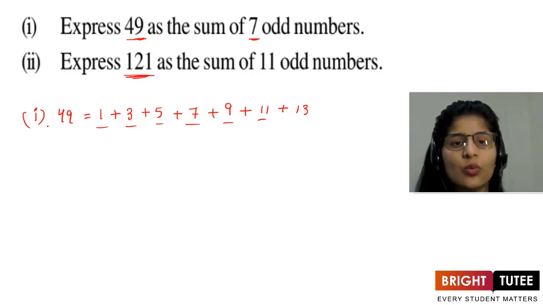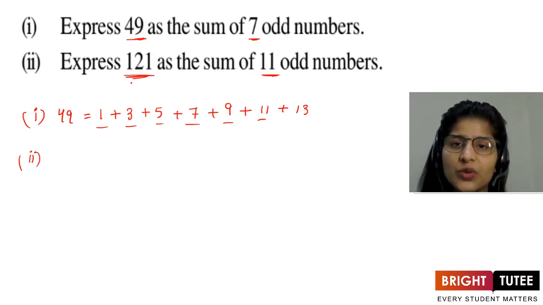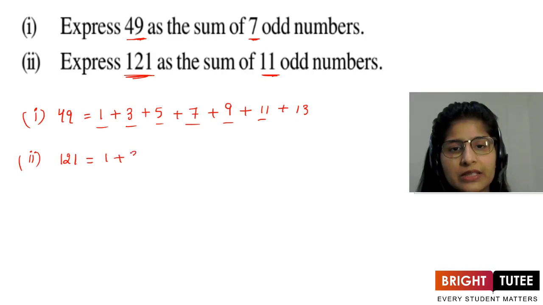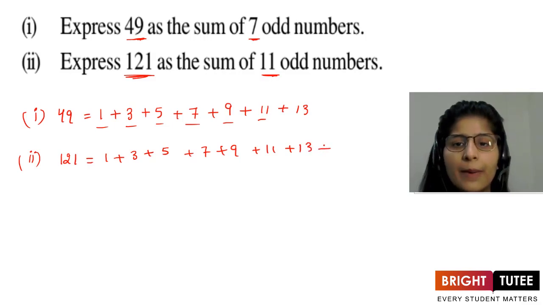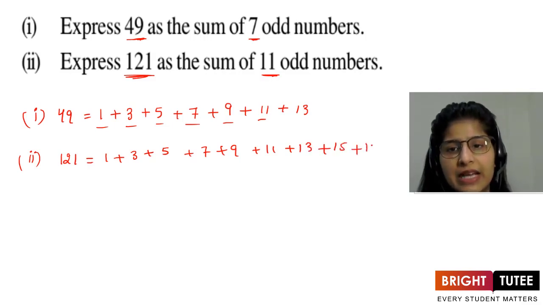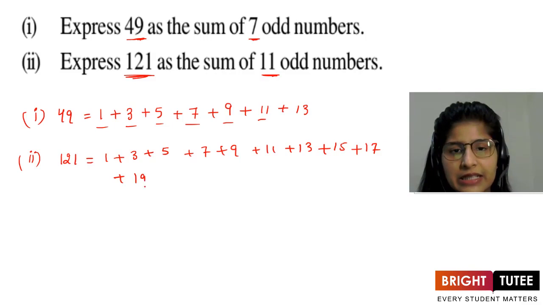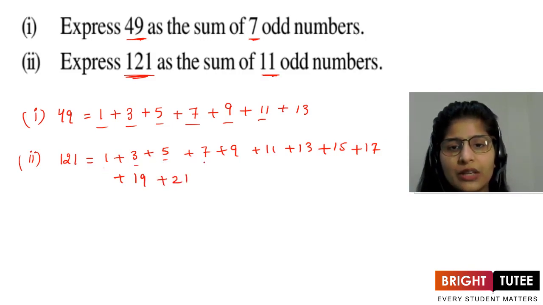Now we have to express 121 as the sum of 11 odd numbers because it is a square of 11. So 121 is equal to 1 plus 3 plus 5 plus 7 plus 9 plus 11 plus 13 plus 15 plus 17 plus 19 plus 21. Just see how many are these? 1, 2, 3, 4, 5, 6, 7, 8, 9, 10, 11, right?